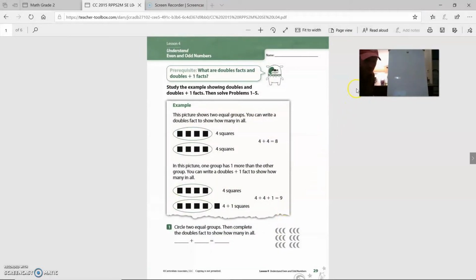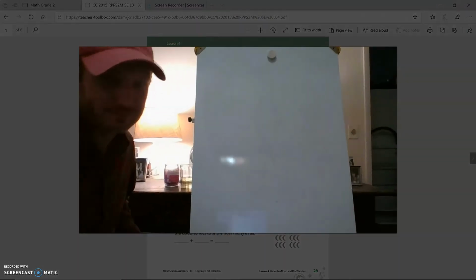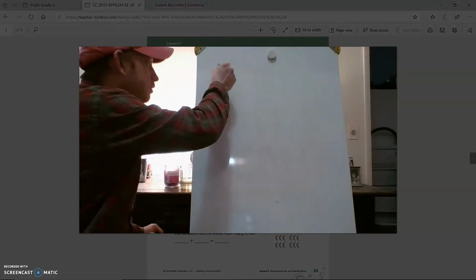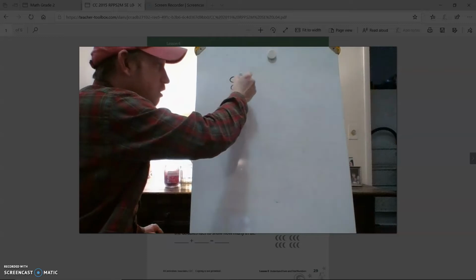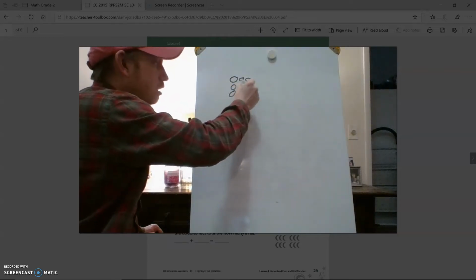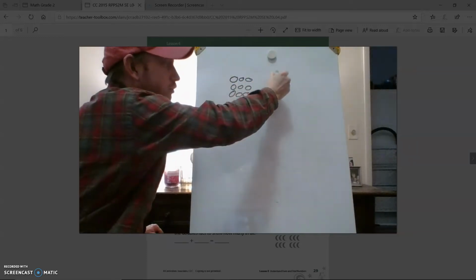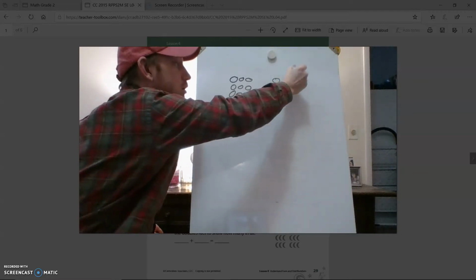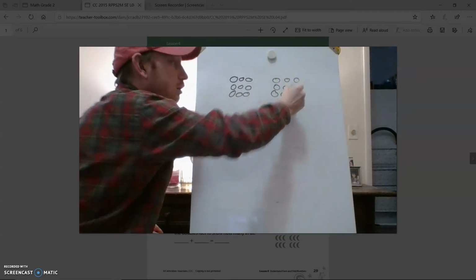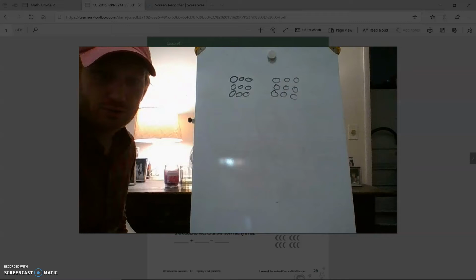I'm not that good of a drawer, so I'm gonna draw circles. They have 2 groups. 1, and then another group. So those are our 2 groups.